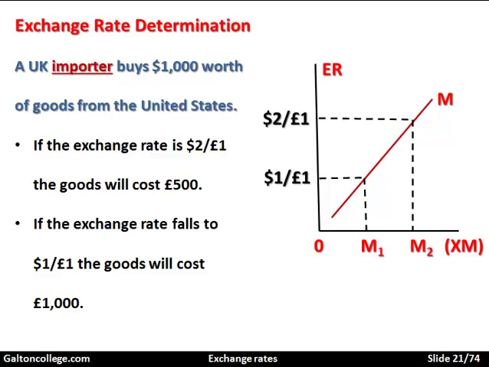Now, if the exchange rate falls to $1 to the pound, we pay a lot more. We pay £1,000. That means American products are very expensive in the UK, so we buy less of them. So imports fall to M1. So as the exchange rate fell, imports fell.